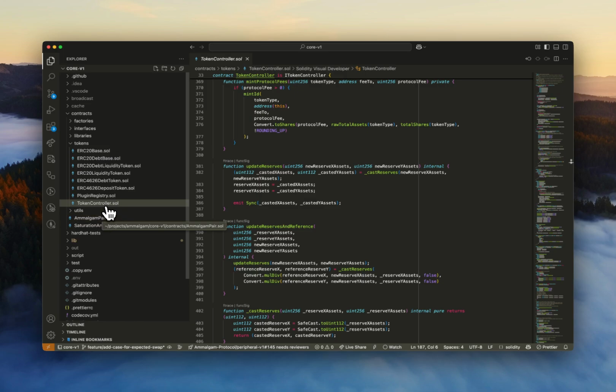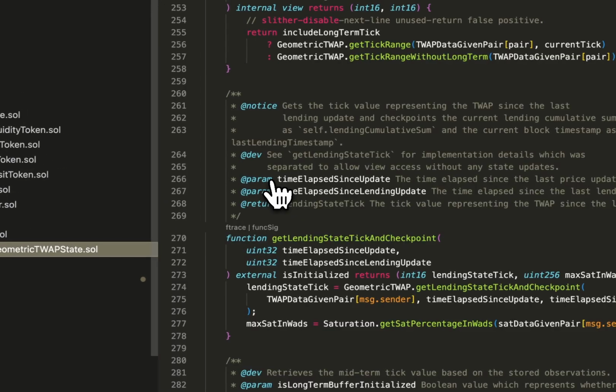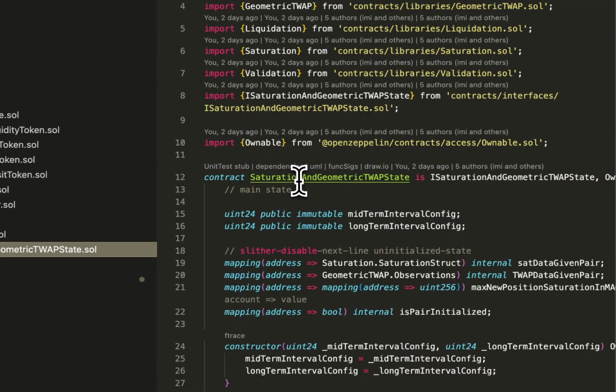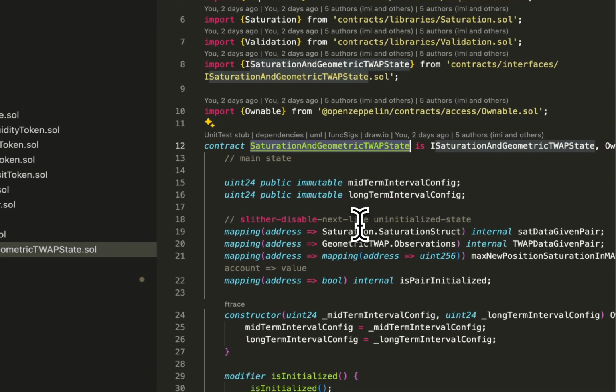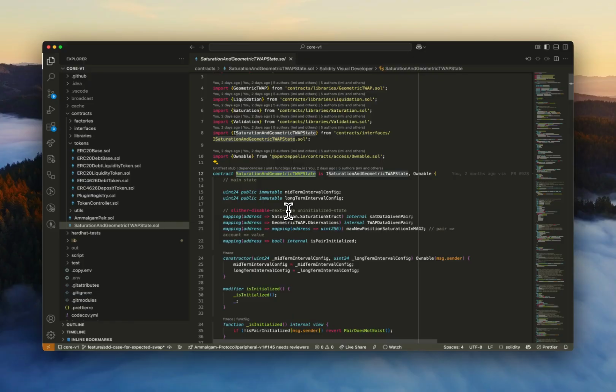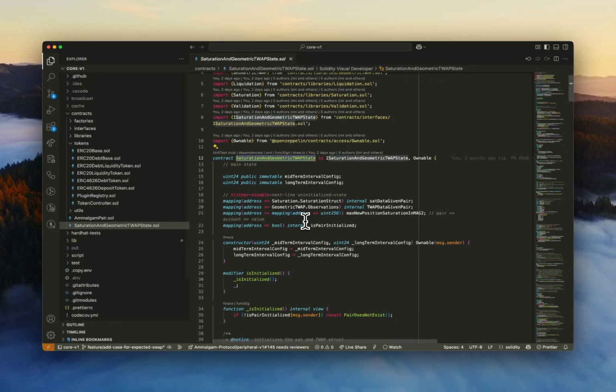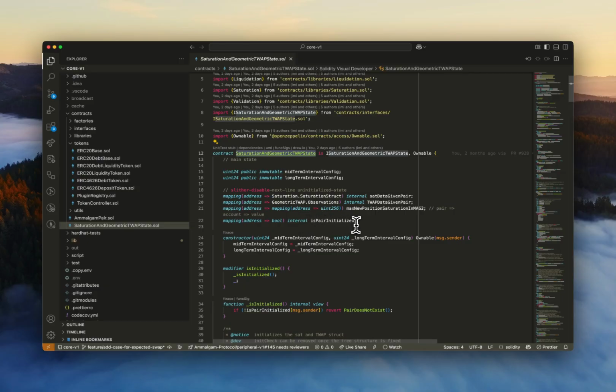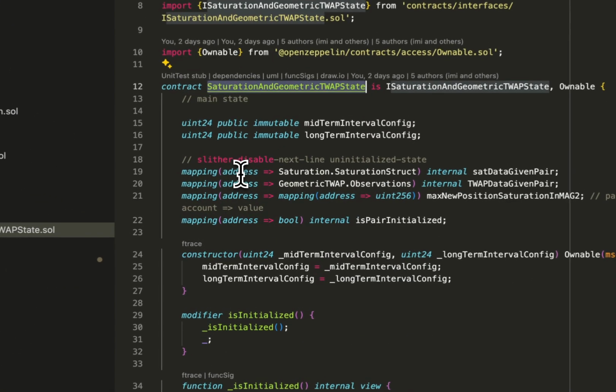Now, one of the architectural decisions that we had to make, because we wrote too much code and it didn't fit in one contract, was we split out into a singleton this contract. We have calls going from the pair to this contract, and this contract stores storage for many different pairs.